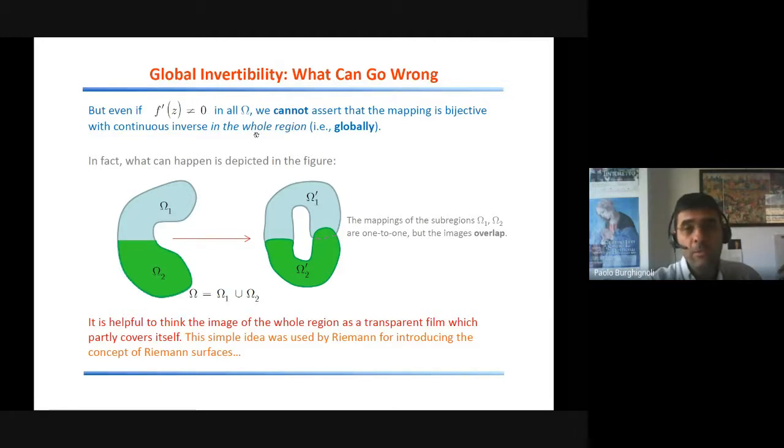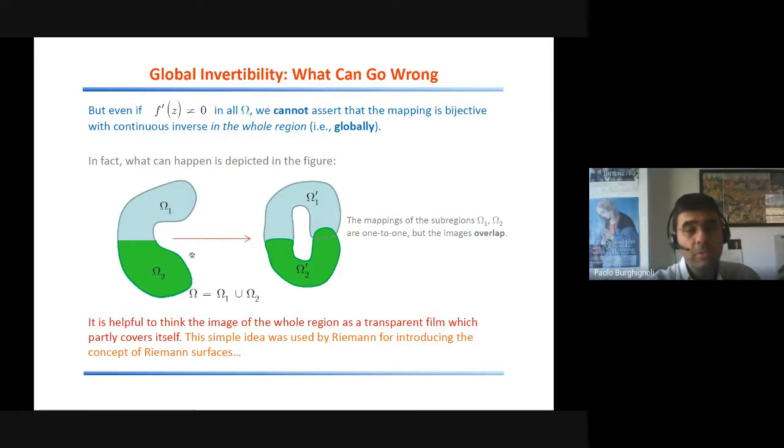Well, in intuitive terms, what may happen is depicted in this figure, in which on the left you can see the domain omega, the open set omega, which is represented as the union of two of its subsets, omega 1 and omega 2, represented respectively with cyan and green colors. And then there is the map, represented by the red arrow, that gives you the images omega 1 prime and omega 2 prime.